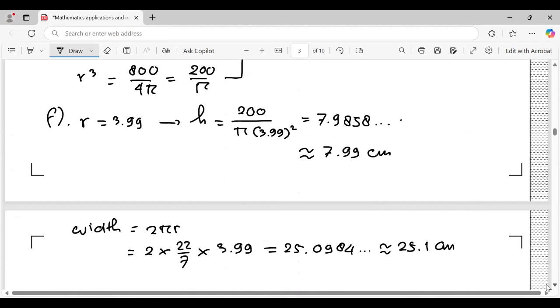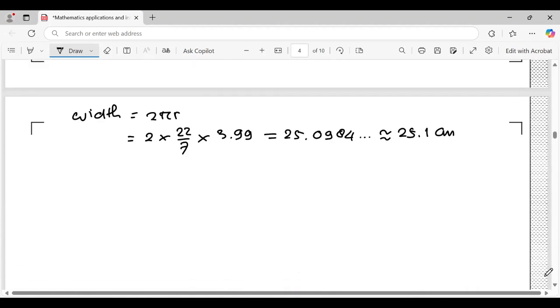So we can state that the longest dimension of the label, 7 centimeters, is less than both values.